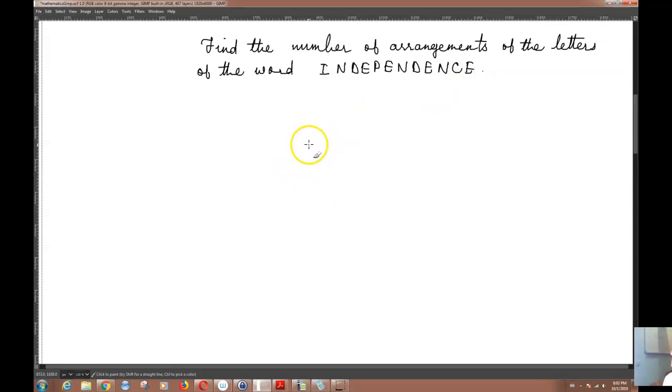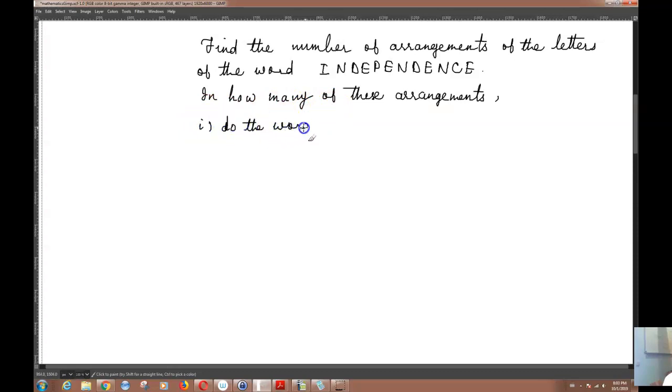And you want to know in how many of these arrangements do the words start with a P?